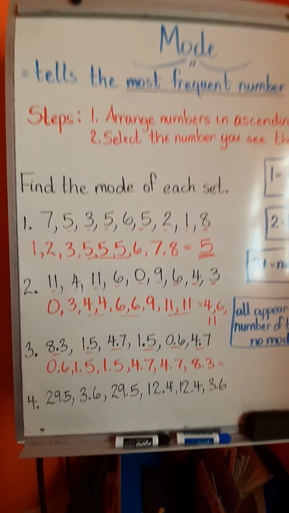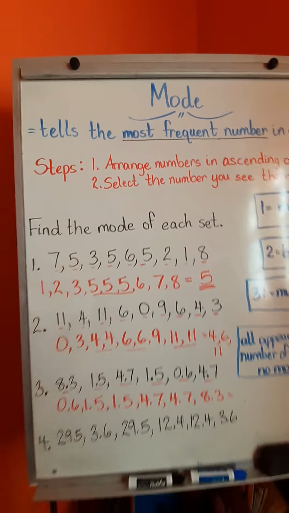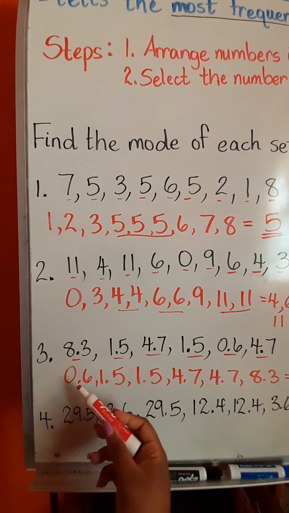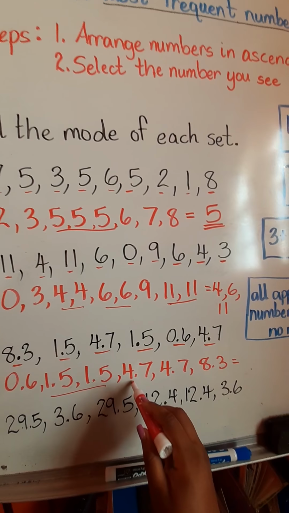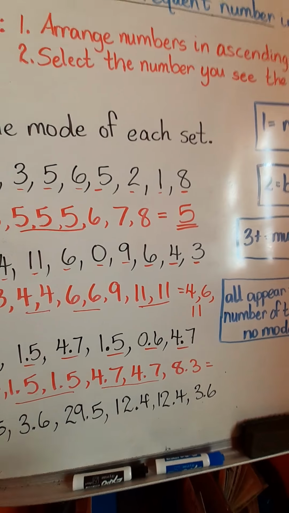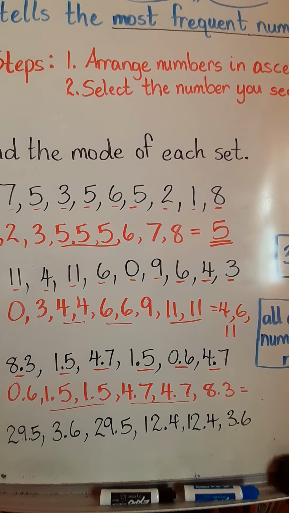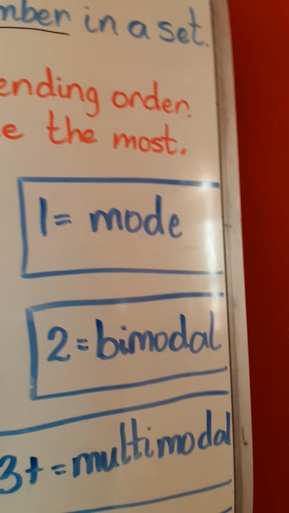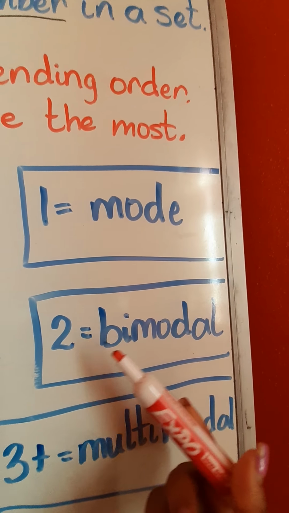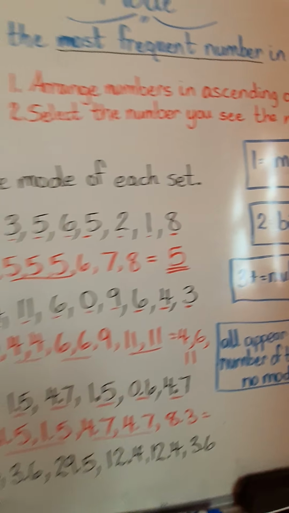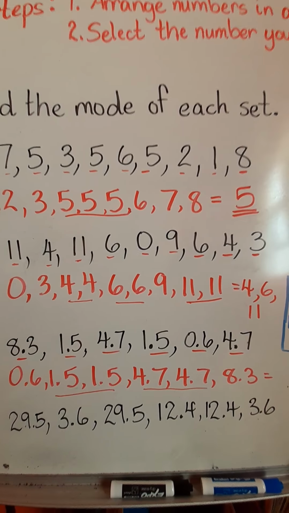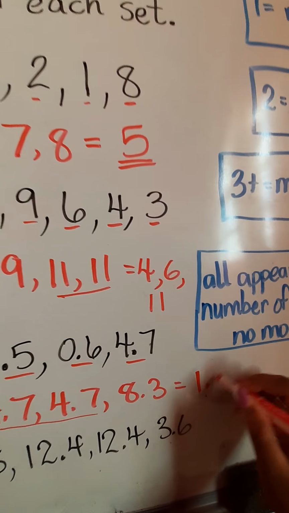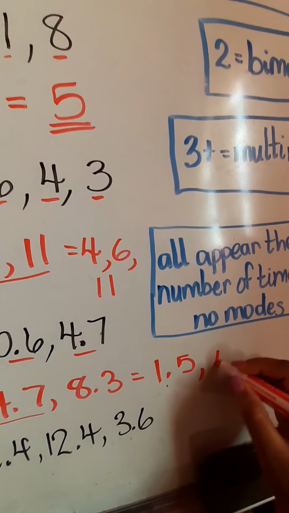What then is our most frequent number? We have 1 0.6, 2 1.5s, 2 4.7s, and 1 8.3. That means that this is a bimodal question because we see 2 numbers the same amount of times. So our mode for this is 1.5 and 4.7.